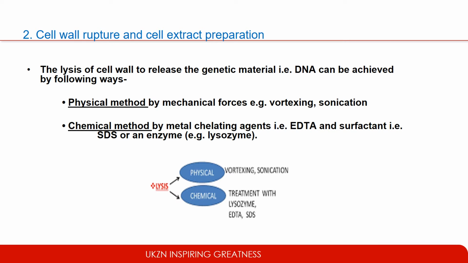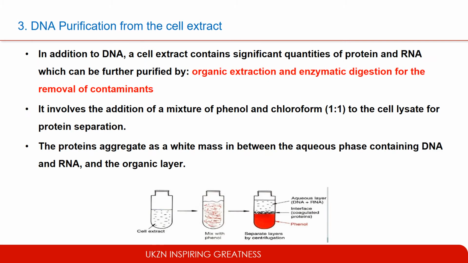So either of these two methods are quite acceptable for the lysis or the breaking of the cell wall. Once the cell wall is broken, the next step is to now try and purify the DNA from the remaining cell components, and this includes proteins mostly. This can be accomplished by organic extraction or enzymatic digestion. Now, the majority of the labs tend to use the more organic extraction procedures, which include a mixture of phenol and chloroform.